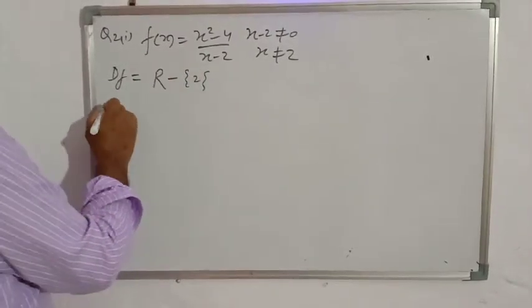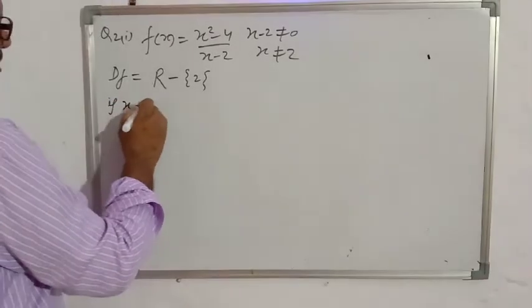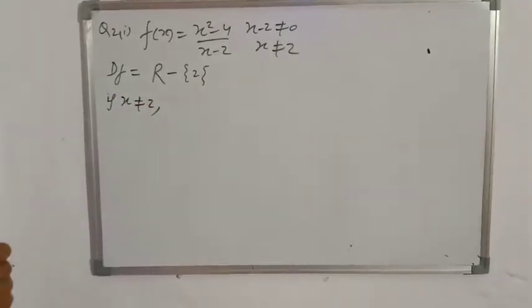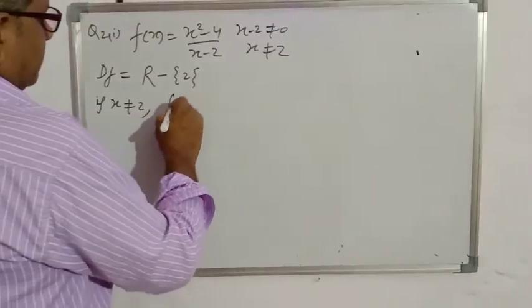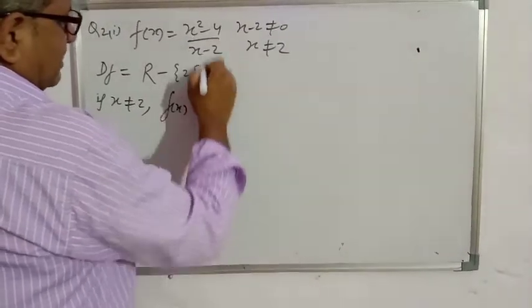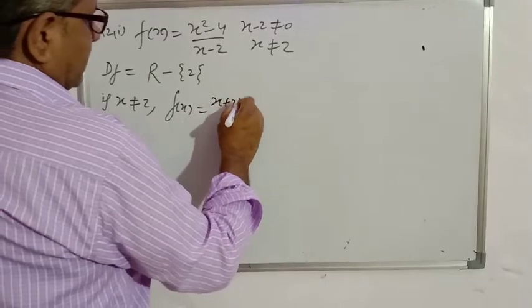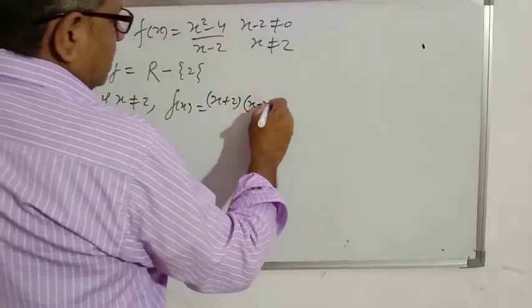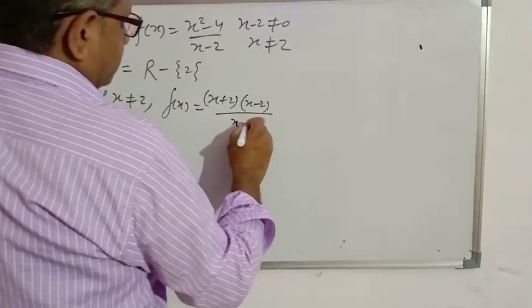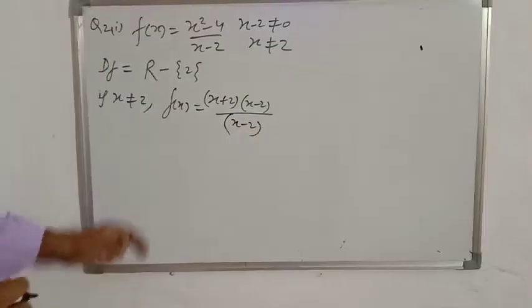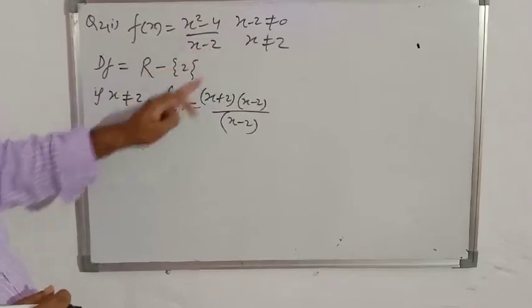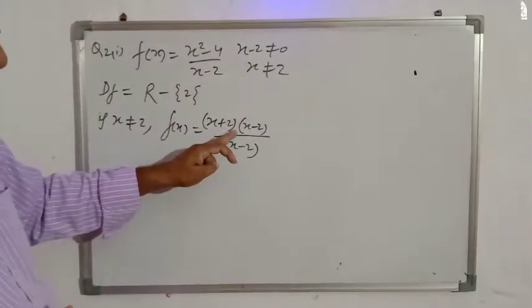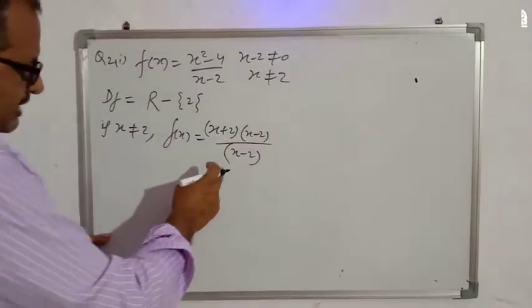Now when x is not equal to 2, meaning either less than 2 or more than 2, what will f(x) be? Factorize it. x square minus 4, 4 means 2 square, so applying the a square minus b square formula, we can write (x plus 2) into (x minus 2) divided by (x minus 2).